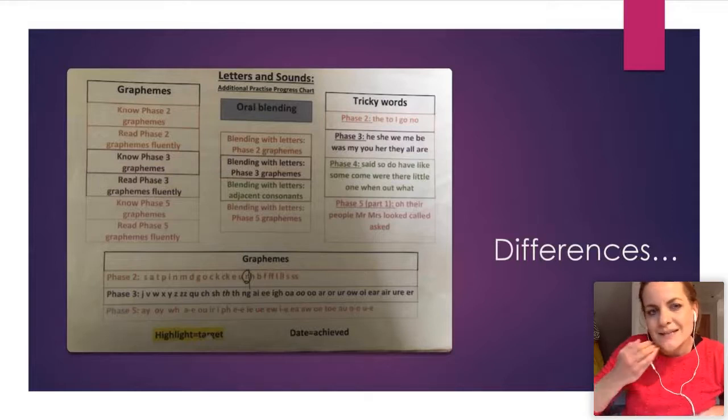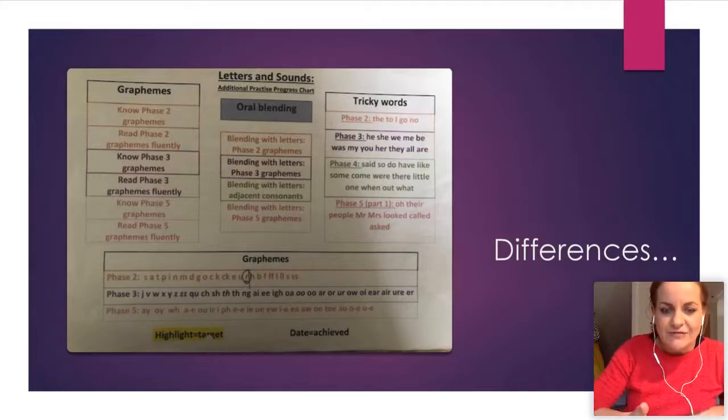In Letters and Sounds, it's grouped into phases. So we have phase 2 sounds, phase 3 sounds, phase 4, which is like your alternative, and then phase 5. The expectation with this scheme is that they know the grapheme, they recognise it.